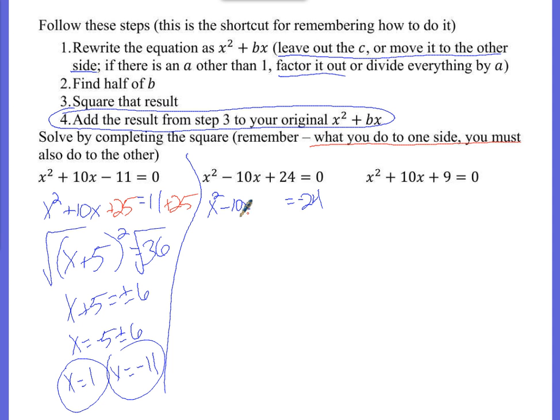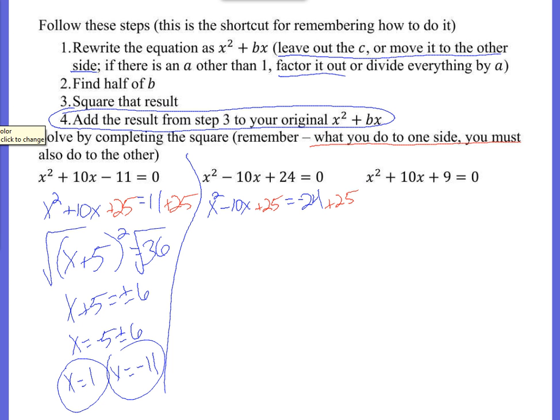We're going to complete the square to make this a perfect square trinomial. To get there, we have to half of b is 5, and then square it, and so I write plus 25. It's not always going to be 25. We just added 25 to the left side, which means we have to add 25 to the right side as well.